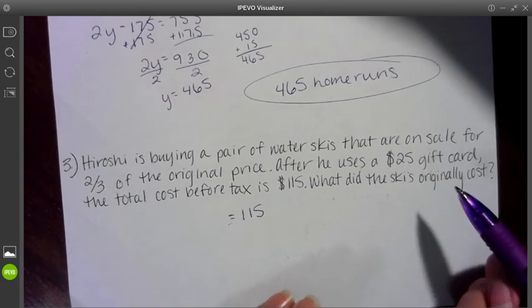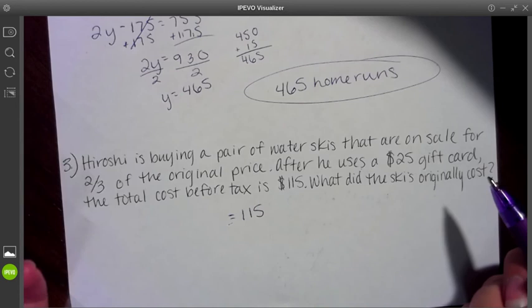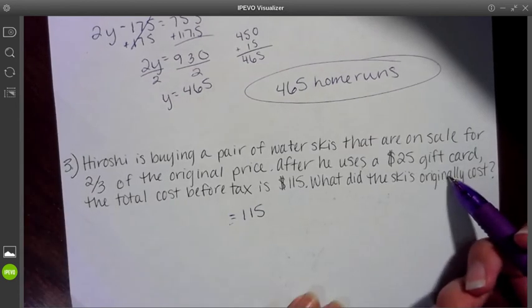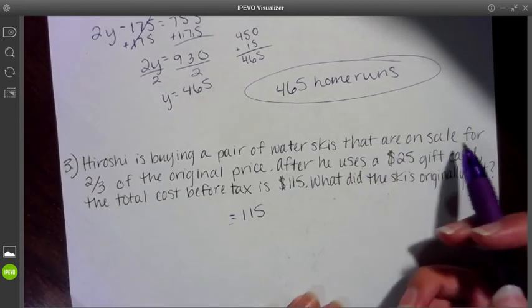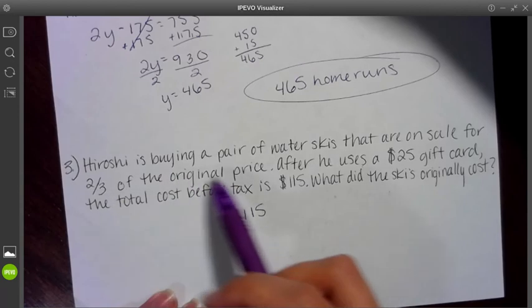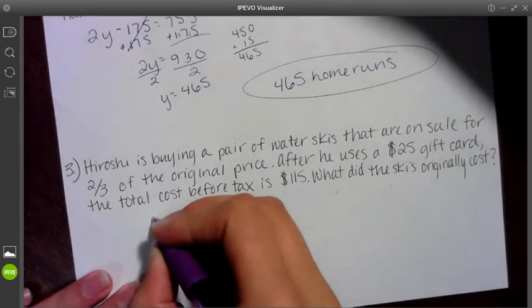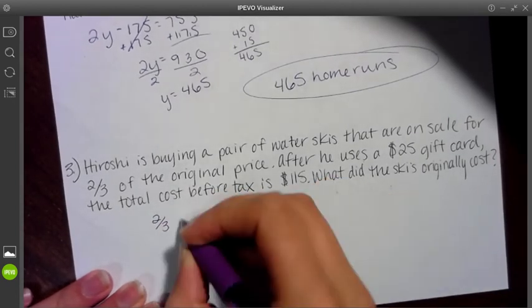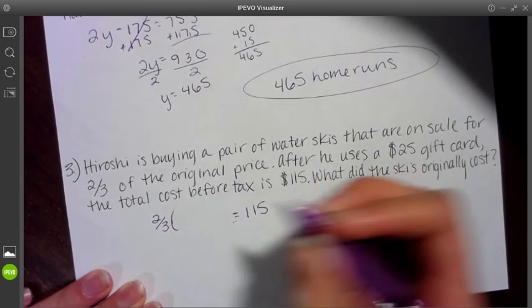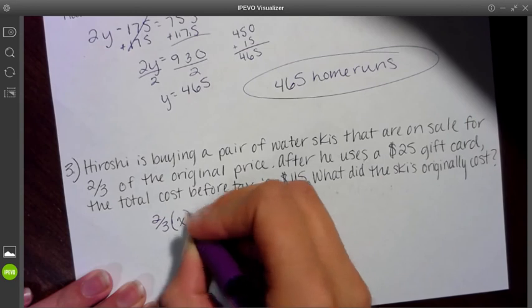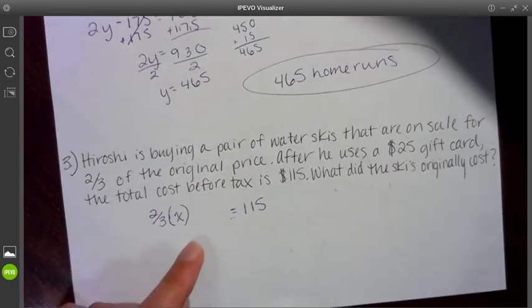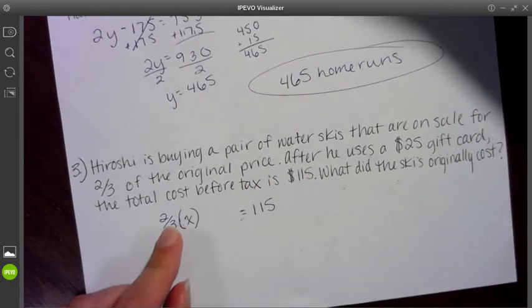So when Hiroshi looked at the skis, the skis originally cost something, but then they were on sale for 2/3 of the original price. So to find 2/3 of the original price, you do 2/3 times that original price. Let's call that x. So that's 2/3 of the original price.